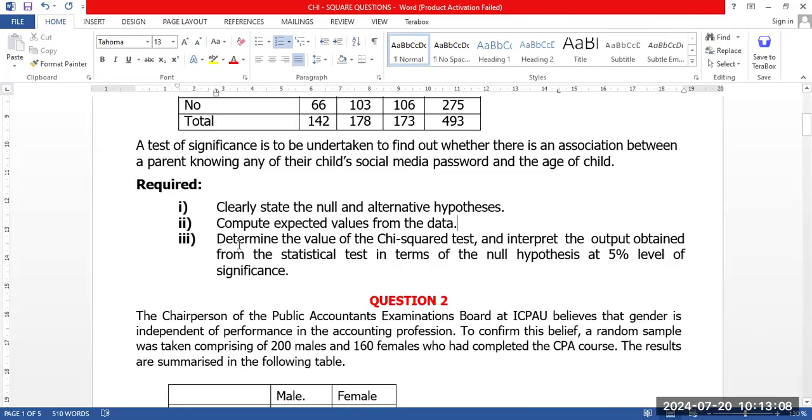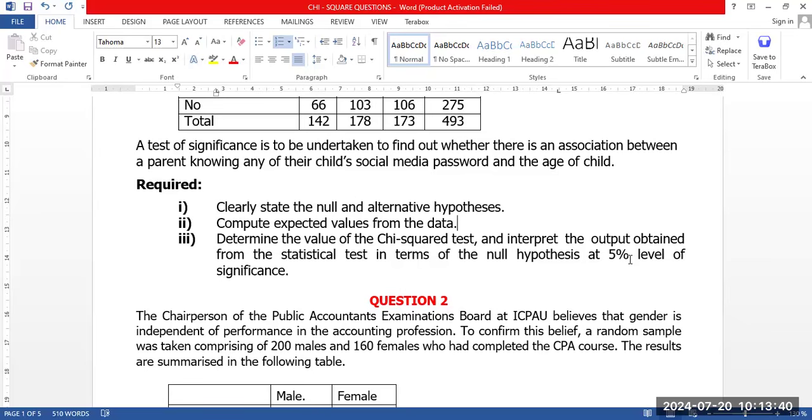Once you get the expected value, we are told to determine the value of the chi-square test and interpret the output obtained from the statistical test in terms of the null hypothesis at 5%. As I said, when we are testing, we are actually testing the null hypothesis to confirm whether what this researcher stated is true or false.